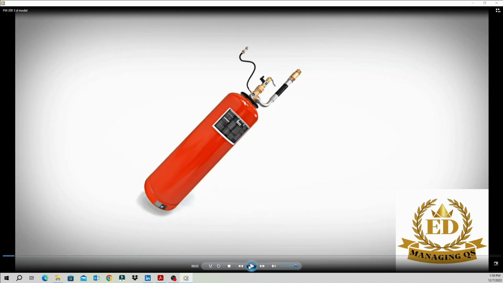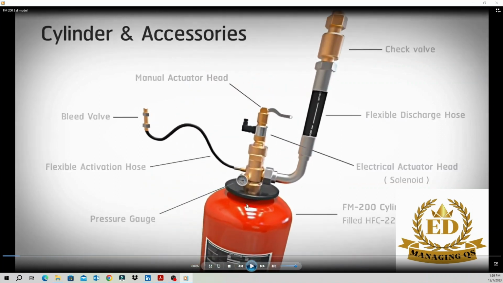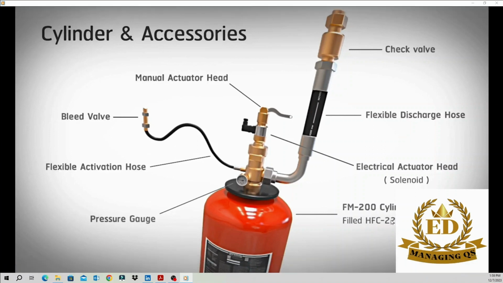So just listen. Cylinders and accessories. The cylinder is filled with gas, like HFC-227ea. No need for much technical information. I am just explaining this because it will help you explain something during your interview. So that's why I explain a little bit more.